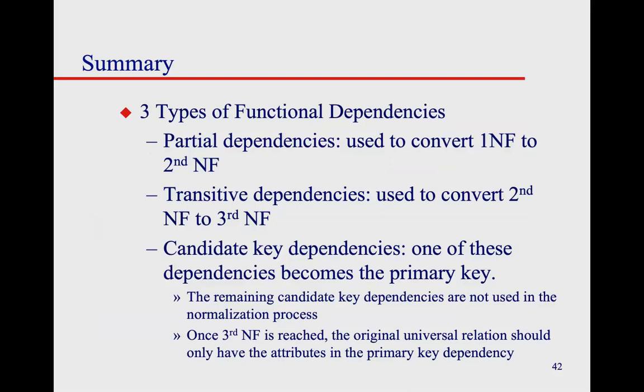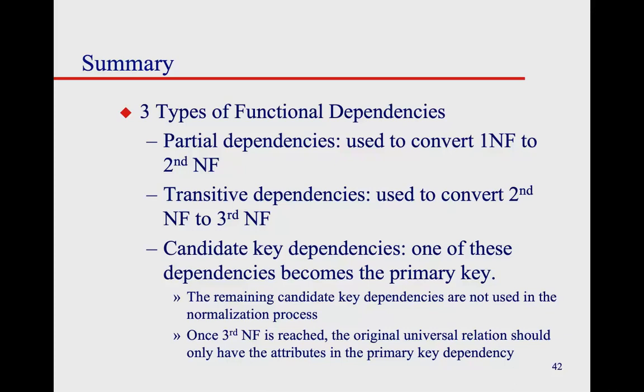The transitive dependencies are ones that we use to convert second to third normal form. And then we have our candidate key dependencies. One of those dependencies will become the primary key. The remaining dependencies will not be used in our decomposition process.